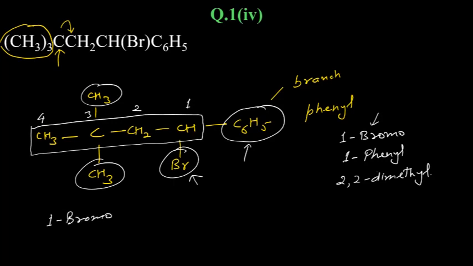After B, you have M methyl. Remember, di, tri, these are not considered in alphabetical order. So after B, you will have M. It is not 2 comma 2, it is 3 comma 3. Then 3 comma 3 dimethyl. And then you have P, that is 1 phenyl butane.